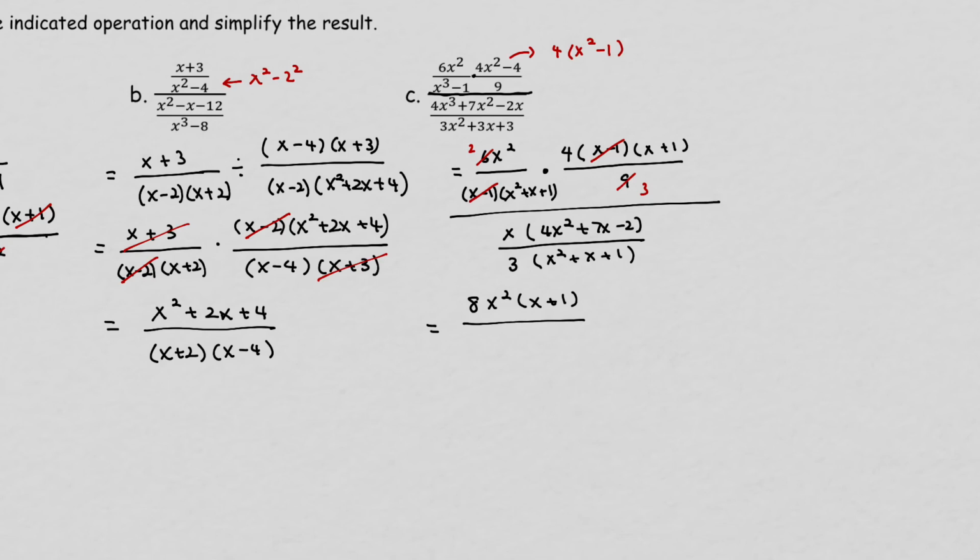Denominator, I will have 3 times x squared plus x plus 1. And this is division, right? So I have to put division with this number right here on the denominator.